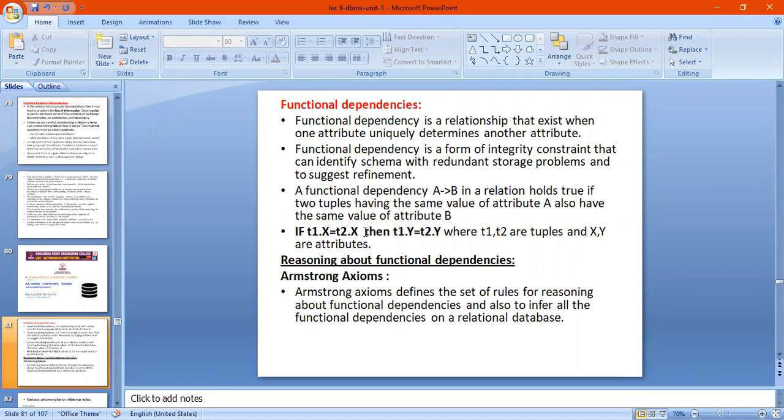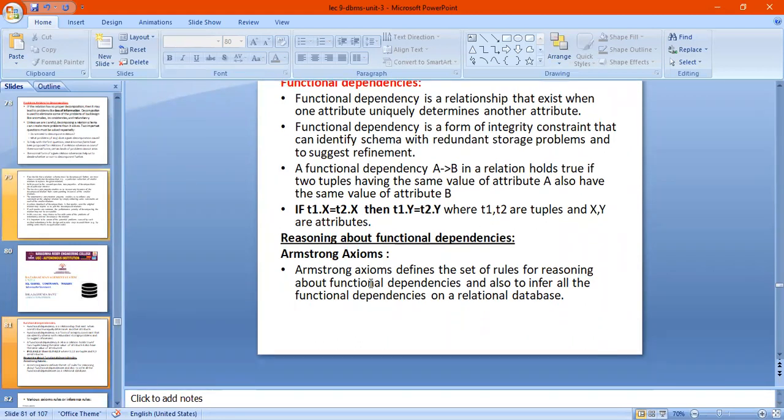Reasoning about functional dependency is done with Armstrong axioms, as we have revised in the previous videos. Armstrong axioms define the set of rules for reasoning about functional dependencies and also for inferring all the functional dependencies on the relational database.